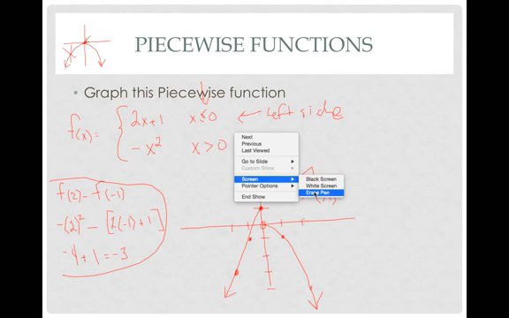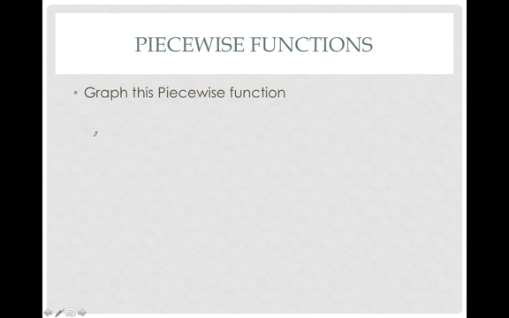Let's try a slightly different one here. Let's look at the function f of x is equal to, let's break this into 3 functions this time. Let's go with negative x minus 2 for x is less than negative 1. Let's call the next function 3, where x is between negative 1 and 2.